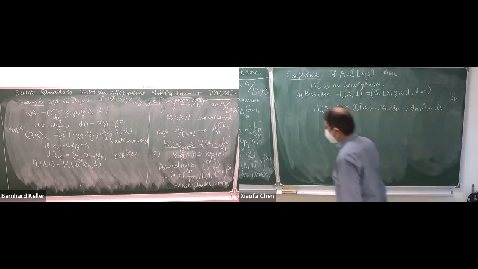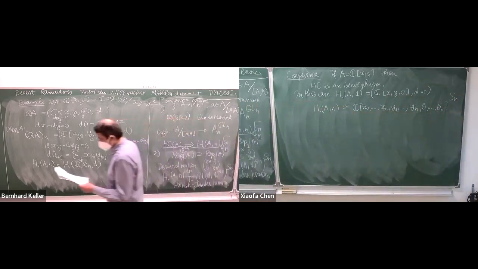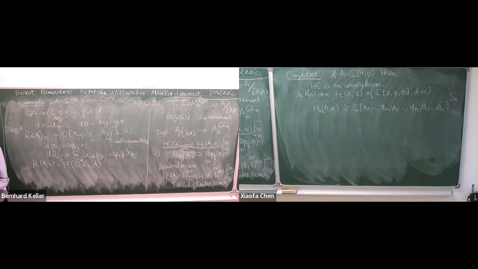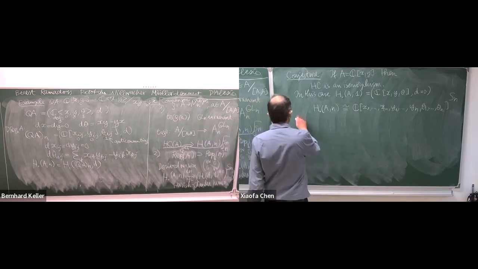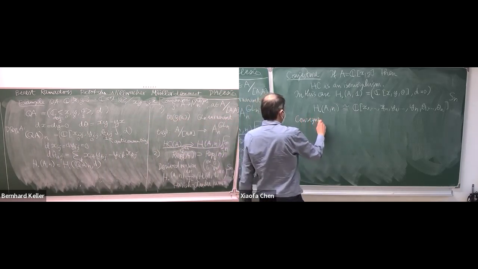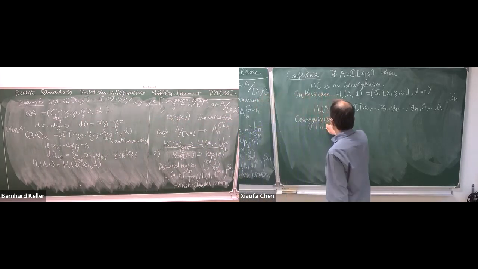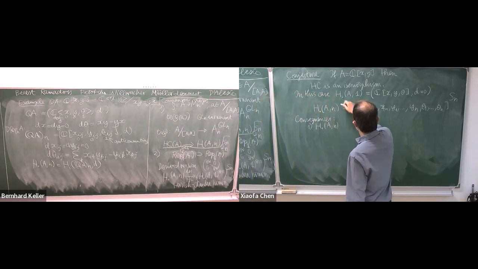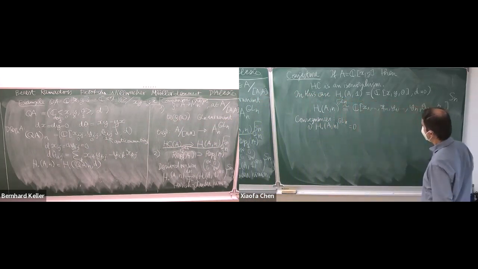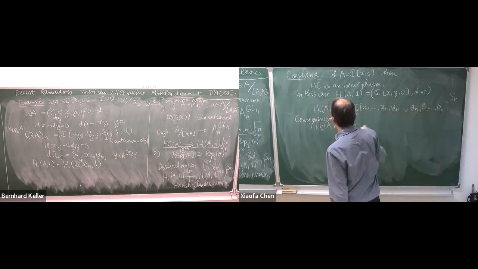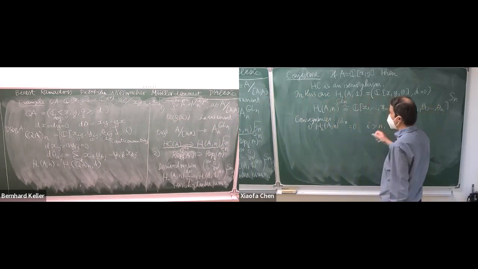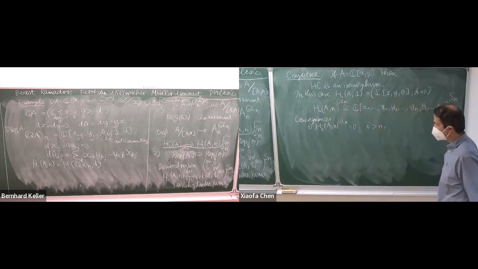Okay, so if you believe this conjecture, then whatever the consequences, first of all, you have the GLN invariance H equal to 0 for I bigger than n, and this we can prove with other methods.